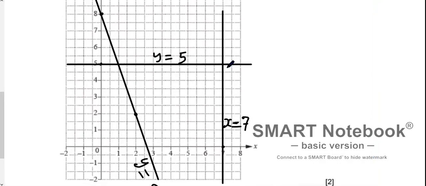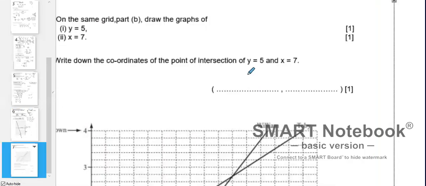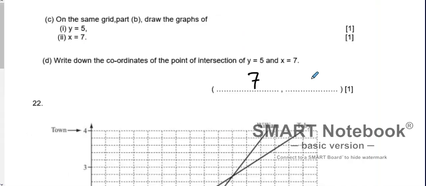They meet somewhere here. So what is the value of x? The value of x is 7, comma. What is the value of y? The value of y is 5. And these are the coordinates. So the coordinates are 7, 5. So go ahead writing 7, 5 here. All right.